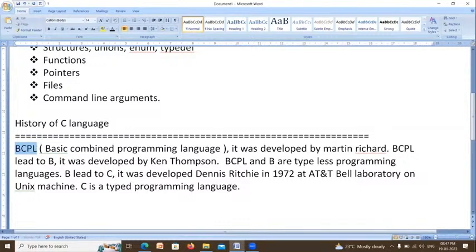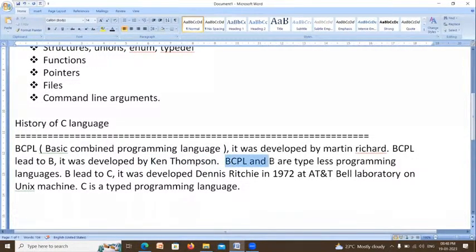One of the popular high-level programming languages is BCPL, which means Basic Combined Programming Language. It was developed by Martin Richards. From BCPL, a new programming language was developed and named B. Ken Thompson is the developer.